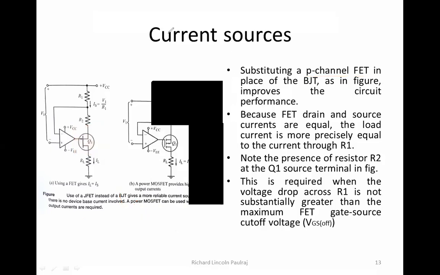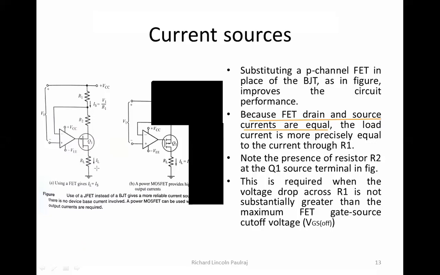Fine. So here, let us look into it. The FET drain and source currents are equal. This is an important factor, so please make note of it. The currents across the drain and source are equal. The load current is precisely equal to the current through R1. Previously we had seen that the current coming through R1 is not the same as the current across RL.